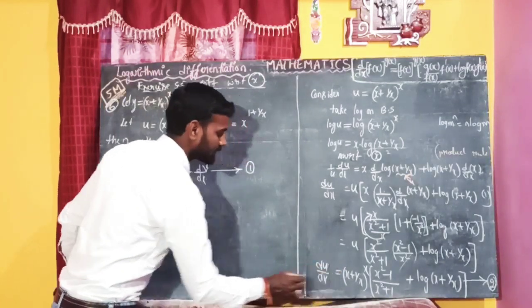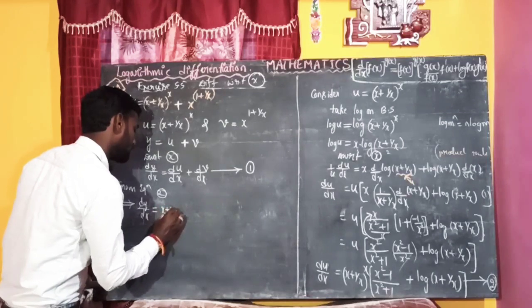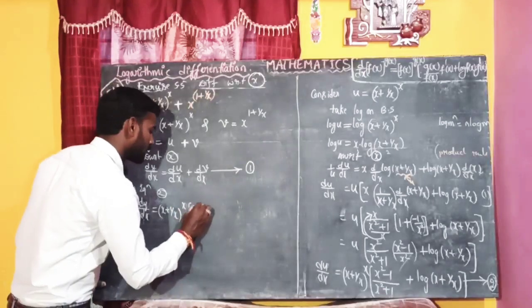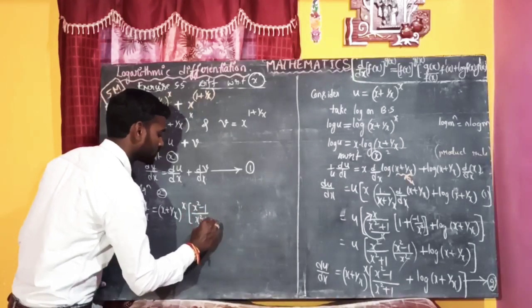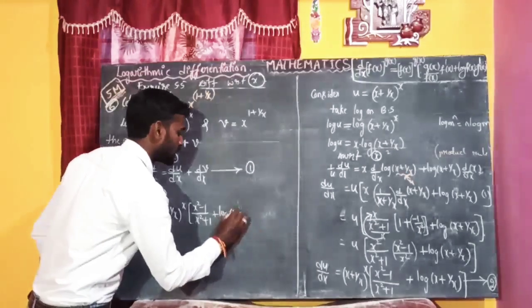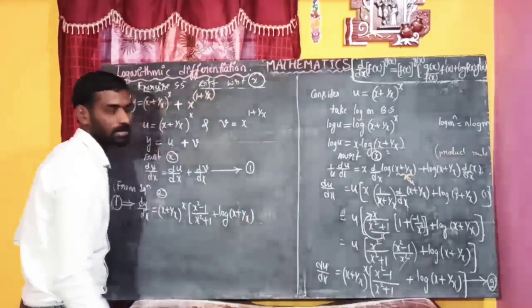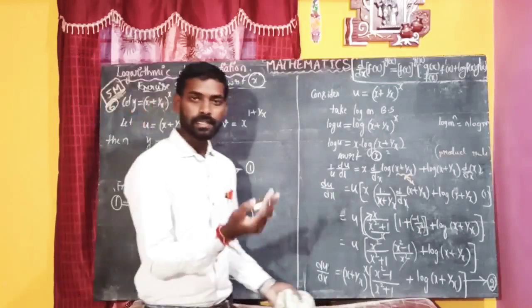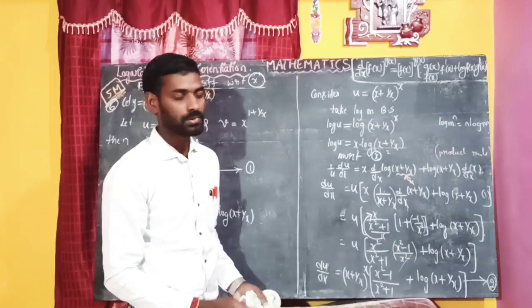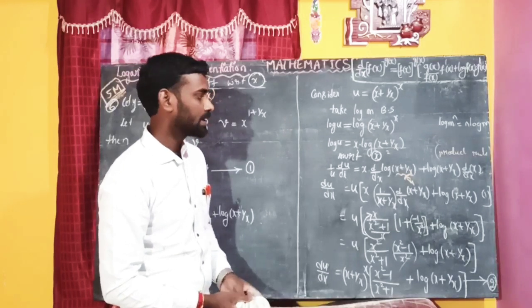Du by dx means x plus 1 by x all to the power of x into x square minus 1 by x square plus 1 plus log of x plus 1 by x. This is equation number 1, right? Next, consider equation 2 and use the same procedure. You will get the same answer.